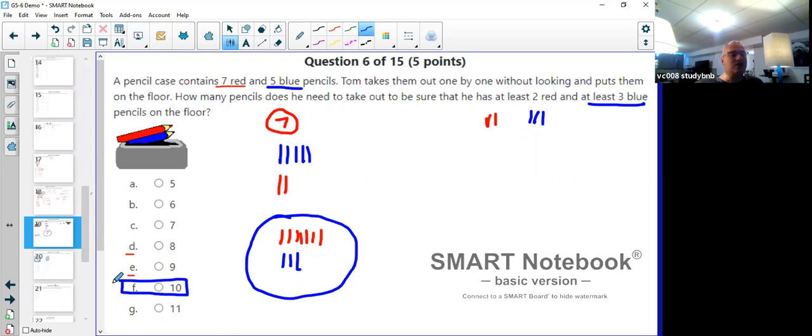If I pick out 10 pencils, I will always have at least 2 red and at least 3 blue. So 11, I don't need 11 actually, Leo. Anything more than 10 is going to be guaranteed that, but what's the least? That's what they want to know, right? I want to guarantee it.